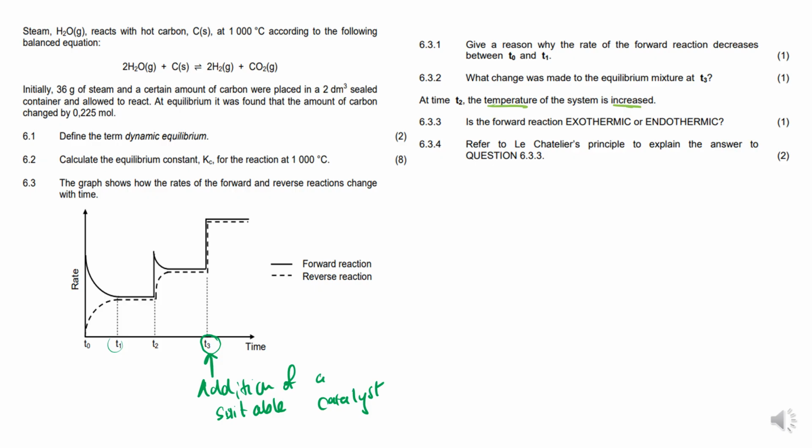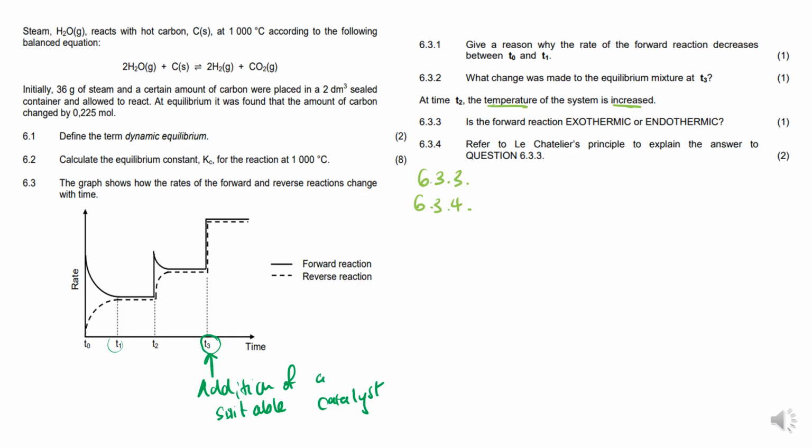And then, is the forward reaction exothermic or endothermic? Refer to Le Chatelier's principle. Before deciding whether it's exothermic or endothermic, start by using your theoretical knowledge to figure out what has happened, right? Let's start with the temperature increase.